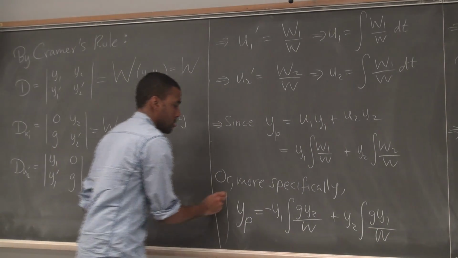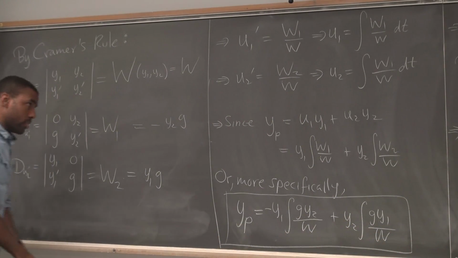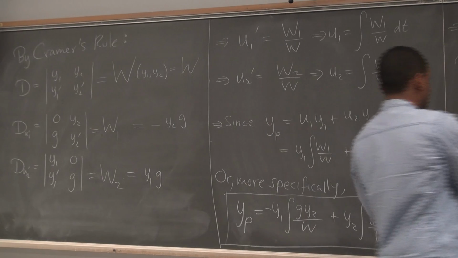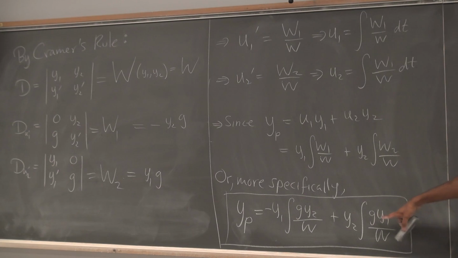And that's actually what our particular solution would look like. Now, this is a general method, which means as long as these integrals are doable, it will give us a particular solution.